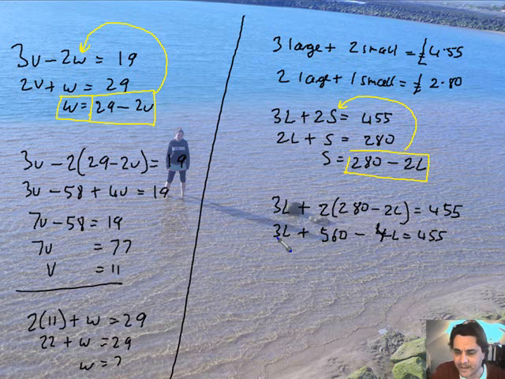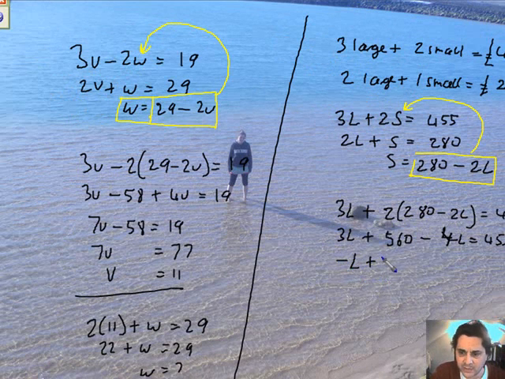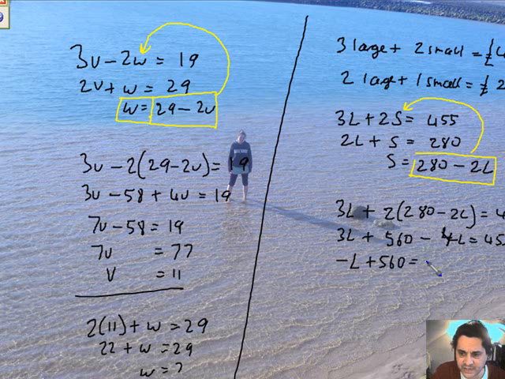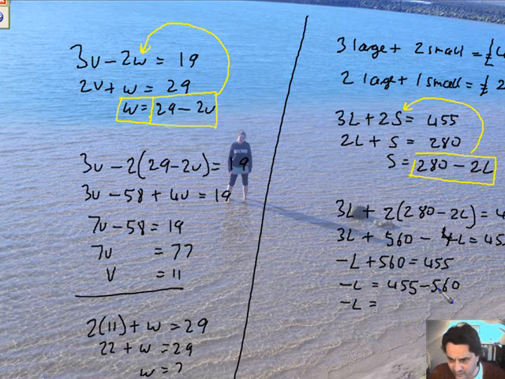What have we got? 3L take away 4L, I've got minus L plus 560 equals 455. So minus L is going to be 455 minus the 560. So the negative price of a large loaf, so to speak, 455 take away 560, it's going to be negative anyway, it's going to be a gap of 45 plus 60, 105 pennies.